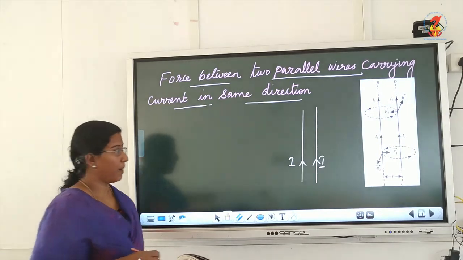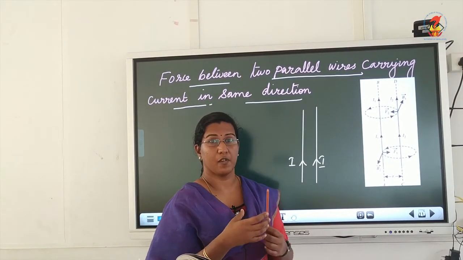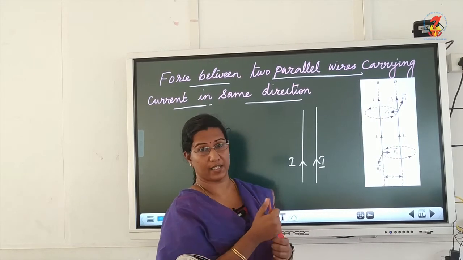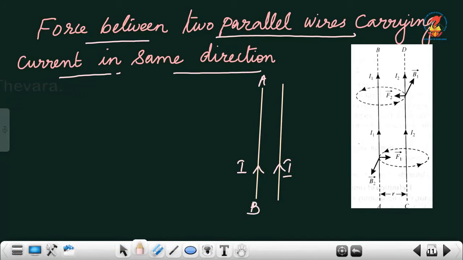What happens when current flows through a conductor? It will produce a magnetic field around the conductor. This is my conductor AB, and it produces a magnetic field around it.